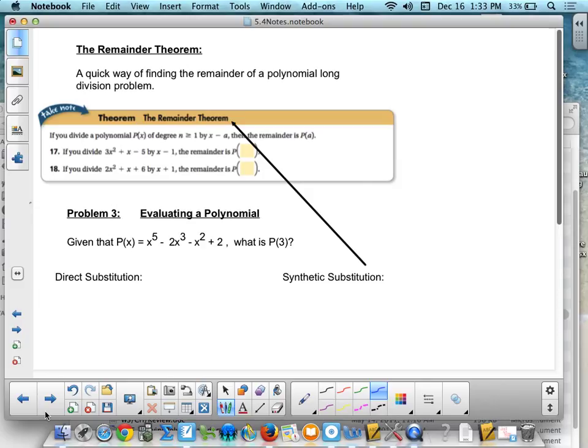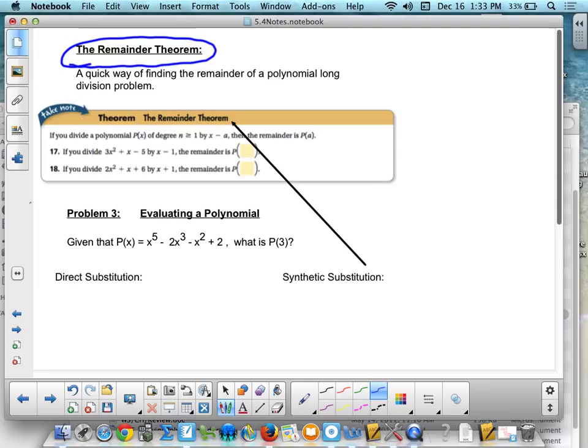Now this second page of your notes is talking about what theorem? The remainder theorem. It says here, a quick way of finding the remainder of a polynomial long division problem. If you want to know the remainder in long division, this is the theorem, the remainder theorem.